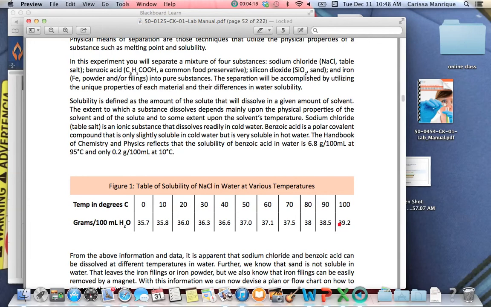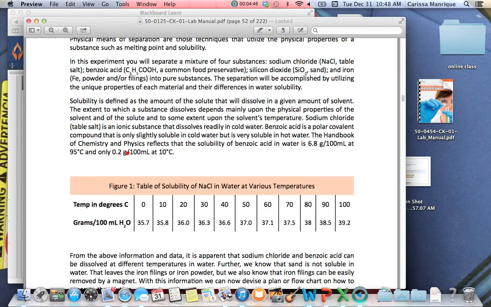So let's say it's about 39 grams per 100 milliliters for salt. But for benzoic acid, it's 6.8. Do you see that, a lot less? Only 6.8 grams will dissolve versus about 39. Okay? Now let's look at 10 degrees Celsius. So right here, for sodium chloride, it's 35.8 grams will dissolve versus only 0.2 grams.